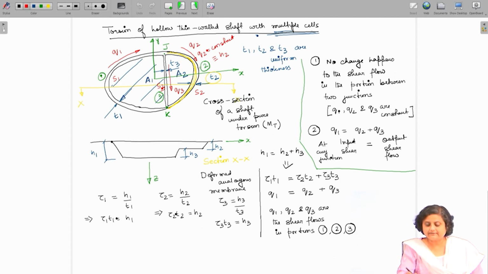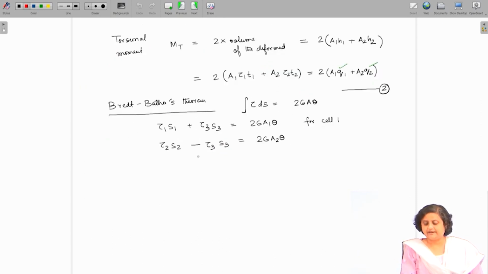Now in cell 2, tau 2 S2 is in the clockwise direction, whereas tau 3 S3 is in the negative direction, so that's why I have put a negative sign. So this is another set of equations: equation 3 and equation 4.